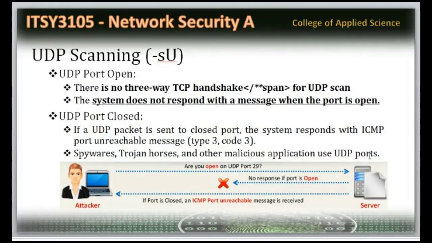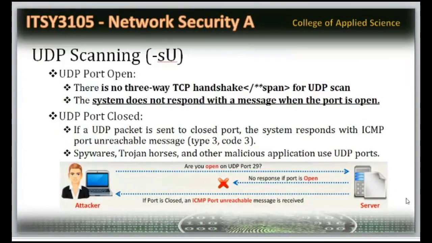What does it mean? This machine has accepted your data. The data is accepted, meaning the message is received, but it is not going to give any reply because it is UDP. In UDP, there is no acknowledgement. It is not going to give any acknowledgement to you. So what I understand is that in your machine, port number 29 is open.